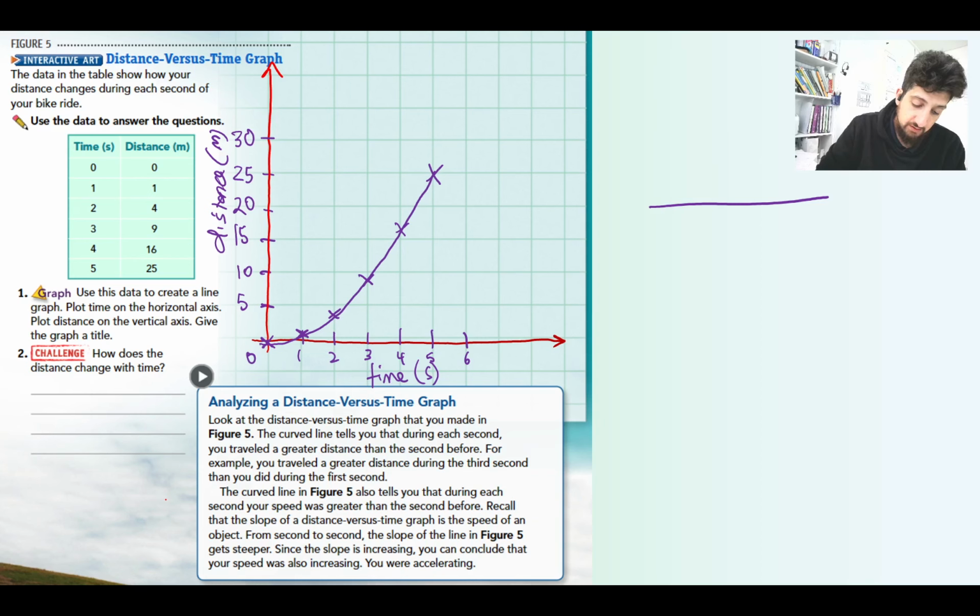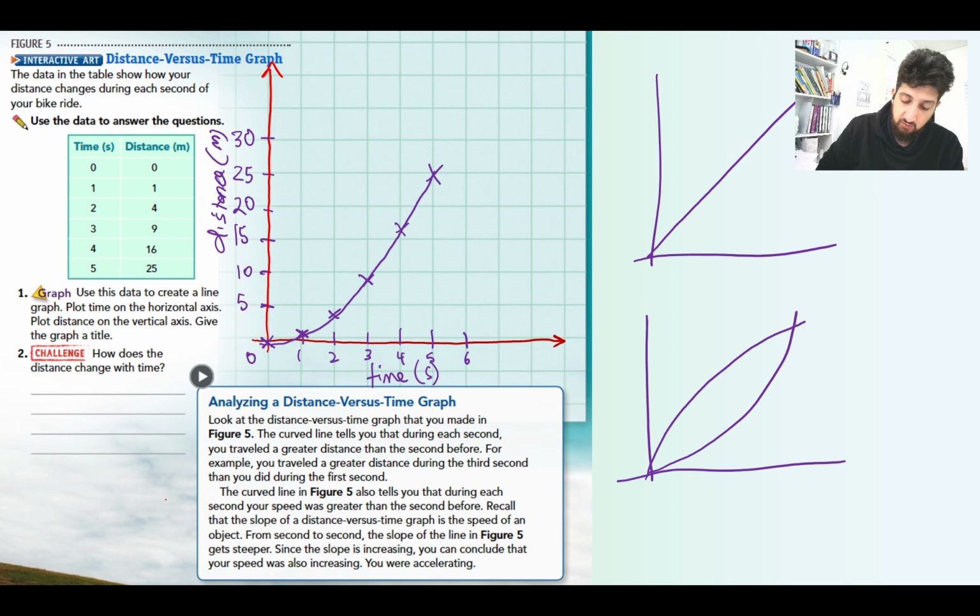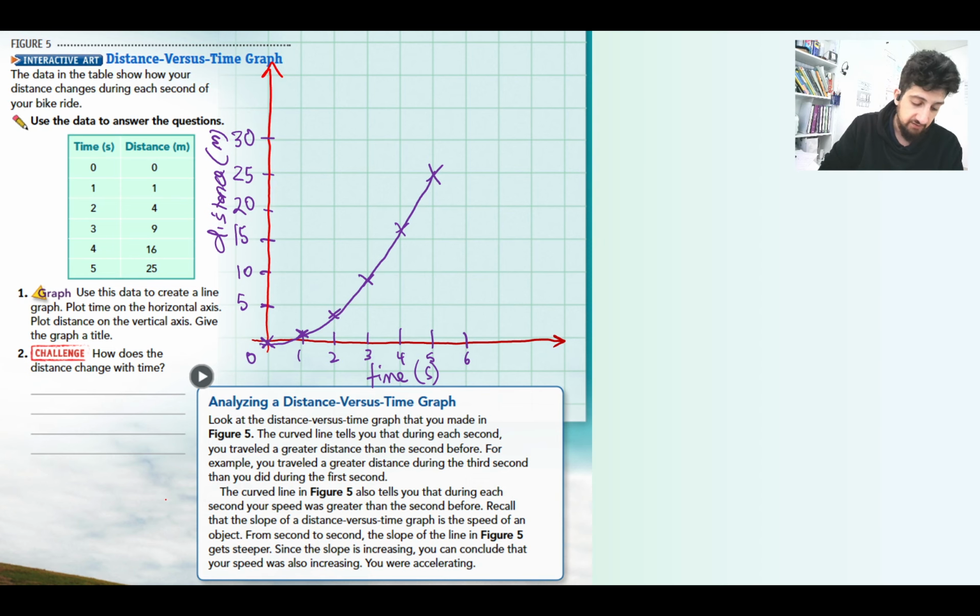I might have to explain that point better. But basically, with a distance time graph, if it's constant speed, then it's going to look like this. That's for speed that's not changing. But since the speed is changing, it's going to be a curve: an upwards curve if it's speeding up, a downward curve if it's slowing down. Okay, that's for a distance time graph.